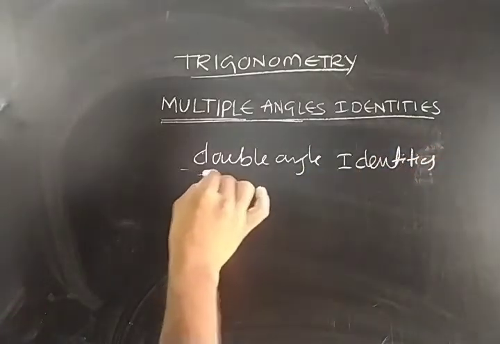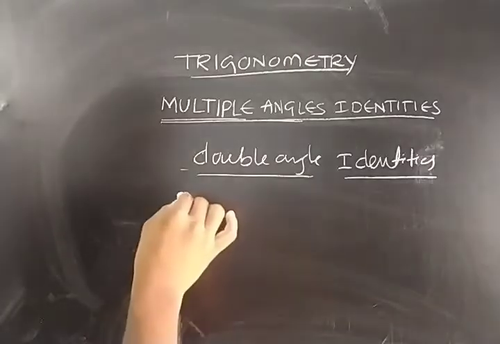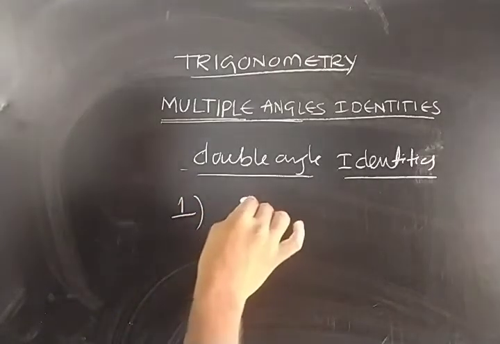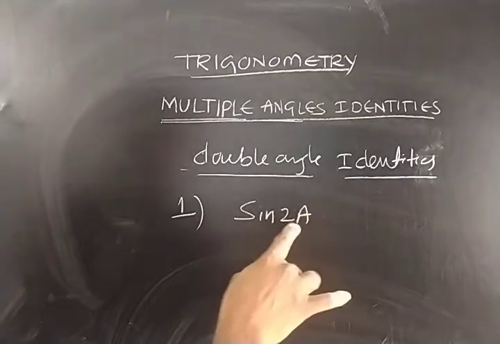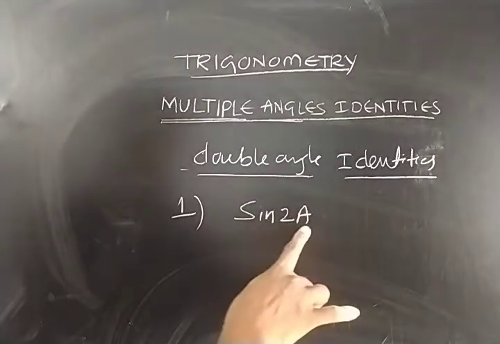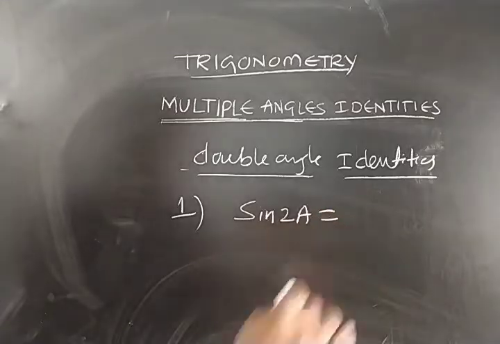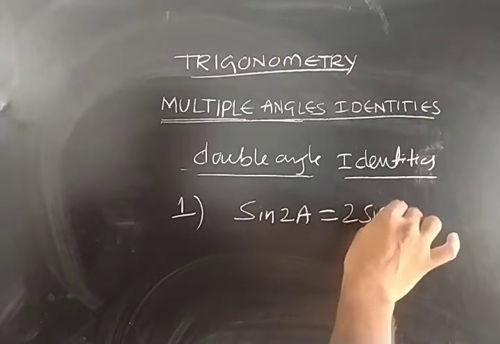We are discussing double angle identities. First identity, sin 2A. I am multiplying A by 2, so it is a double angle. The sin 2A formula is 2 sin A cos A.